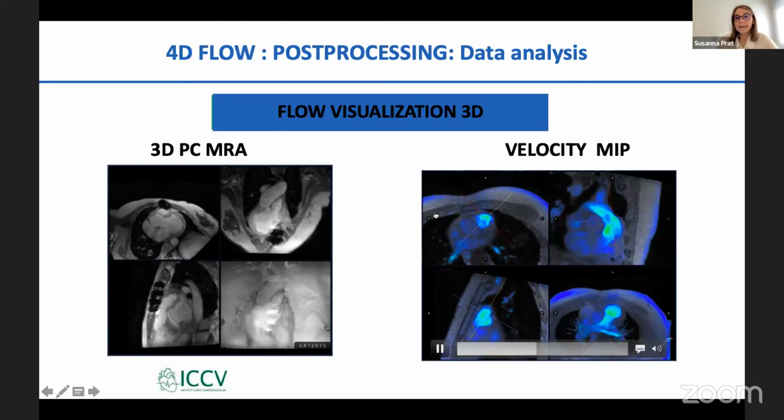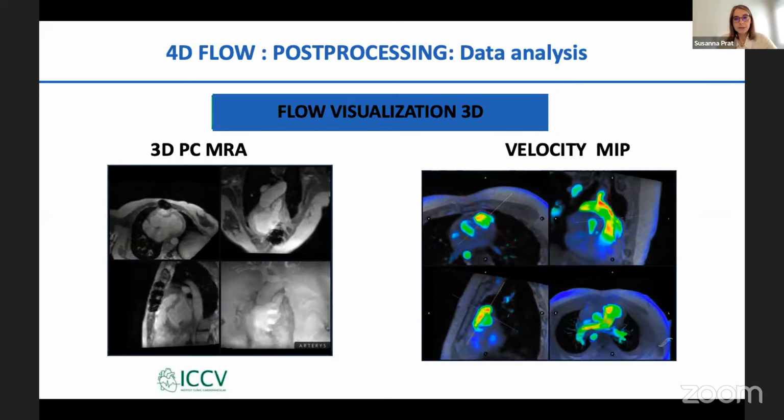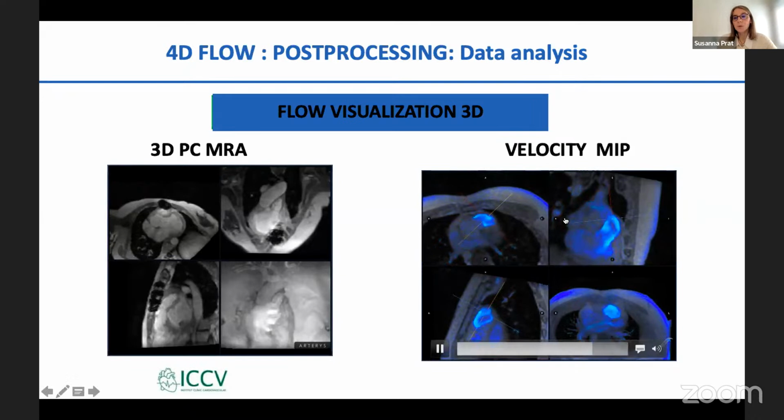But we can also get the velocity maximum intensity projection, which is a color map of velocities, in cine images, where flows with high velocity are red and flows with lower velocities are blue. With this, you have a good visualization of what is going on with these vessels and the flows.